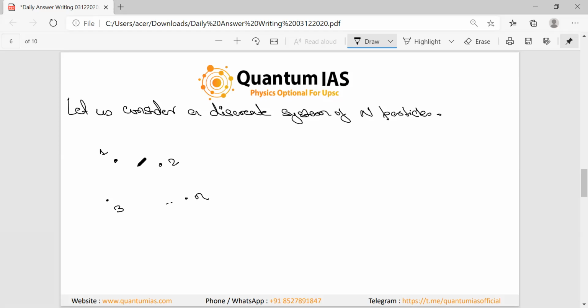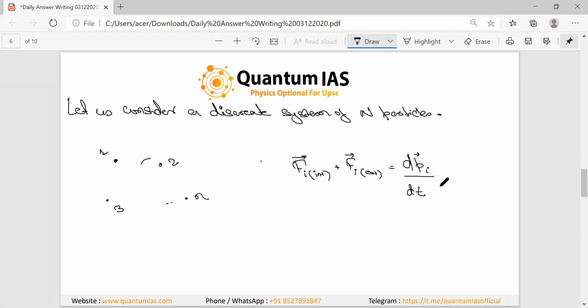So for any ith particle, I can write Fi internal plus Fi external is equal to the rate of change of momentum of the ith particle, dpi upon dt.